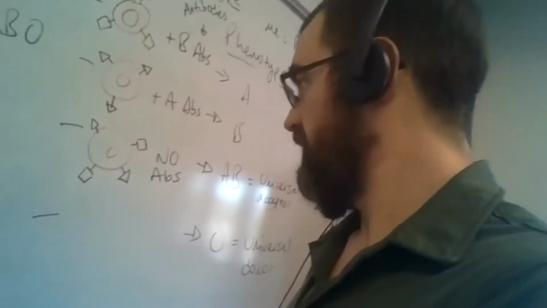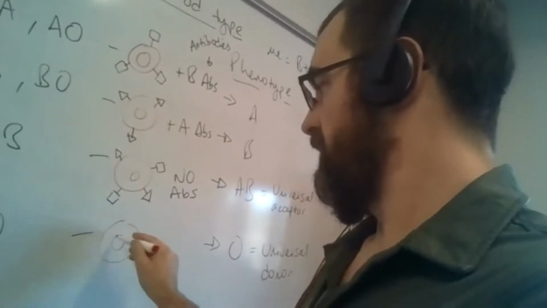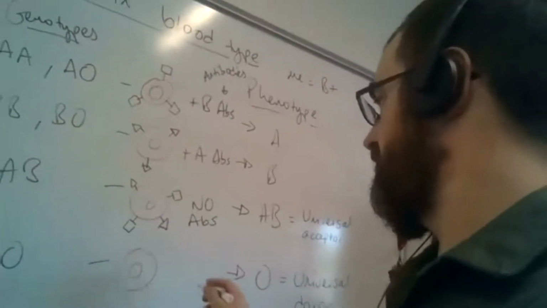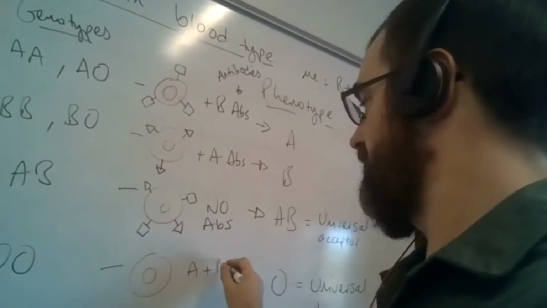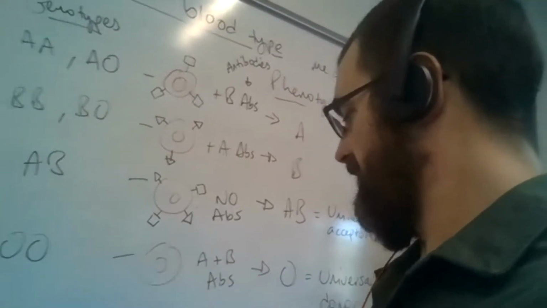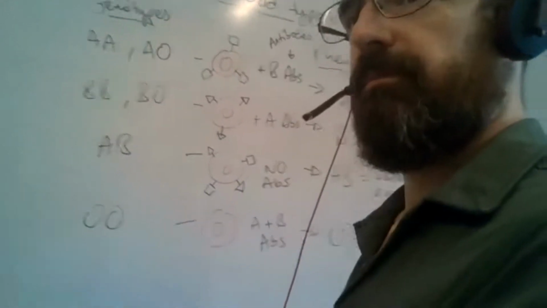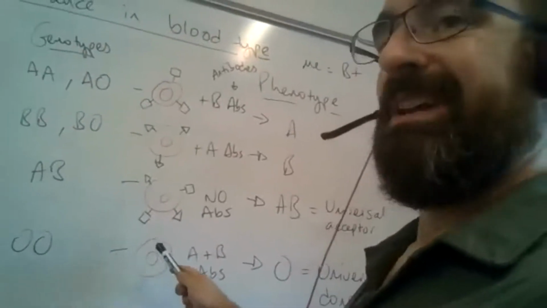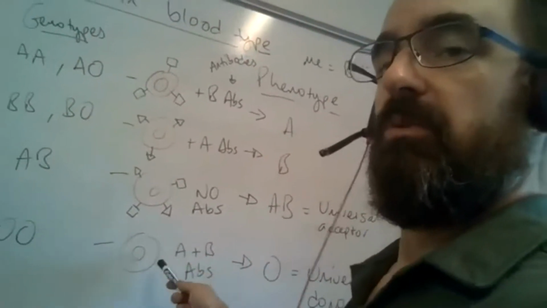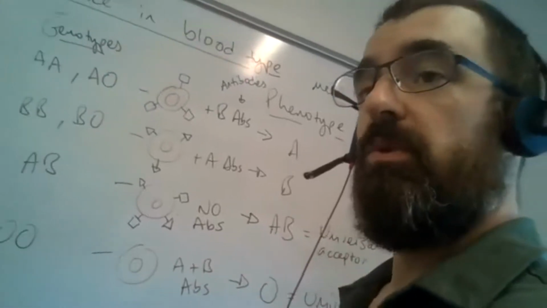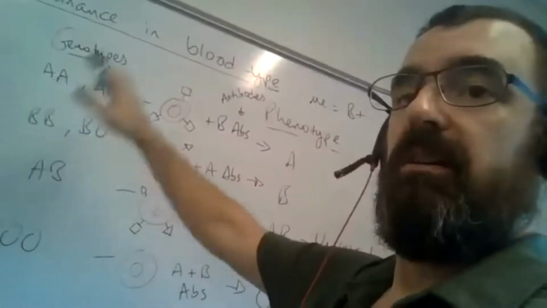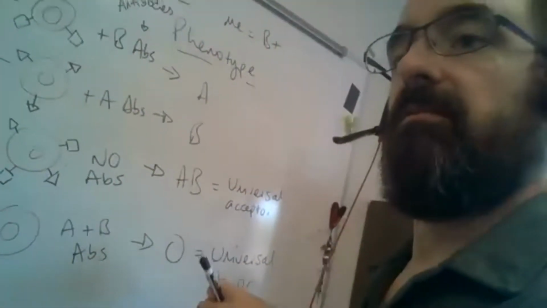Now for type O, right, you have two non-functioning alleles and A and B antibodies. So this individual can give blood to anybody because the red blood cells will not be recognized by anyone's immune system, whatever the blood type they have.